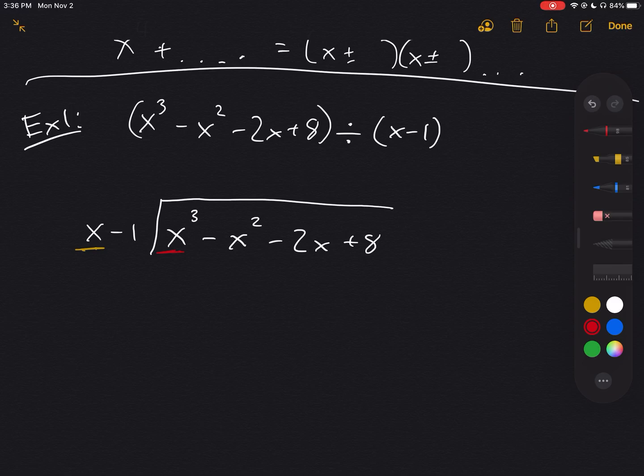So my highest term inside is x cubed, right? Outside I have an x. So the question I want to ask myself is, what do I have to multiply x by to get x cubed?